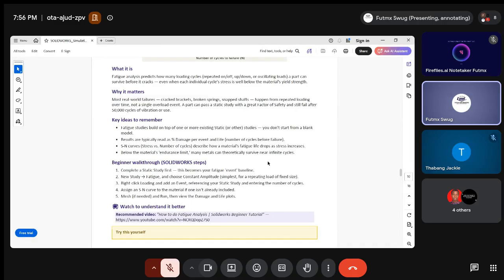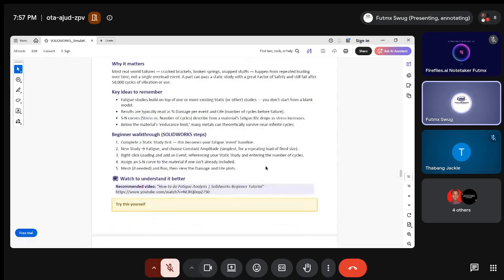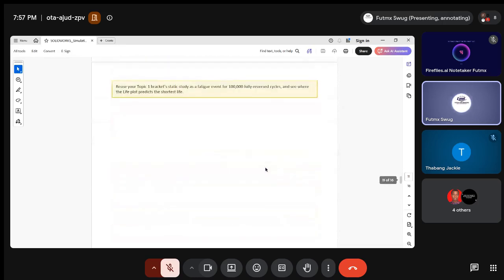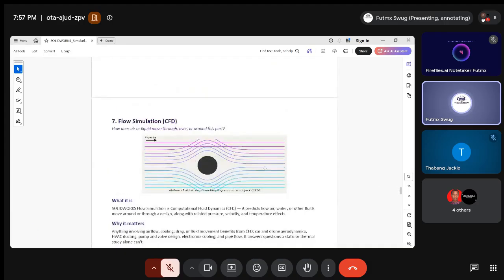But when you start going above that yield strength, there's not a uniform deformation across that material. So that's where you actually need to know that in your design before concluding that, okay, this part can survive 10 years, 5 years or so.